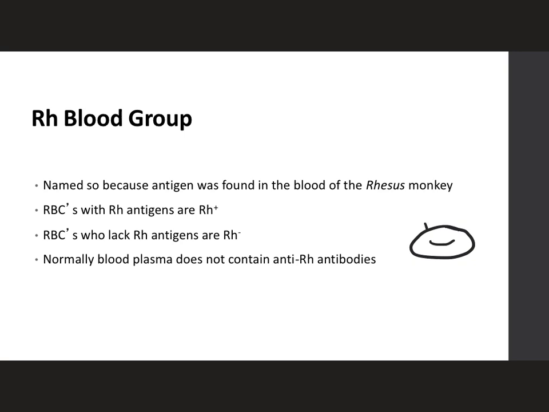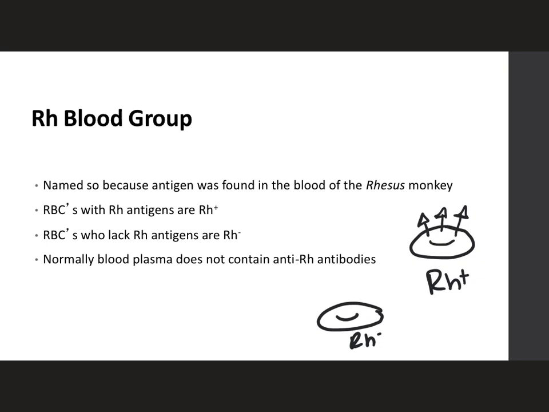Okay, so if it was there, let's give it a different shape. If that Rh antigen is there, then we can refer to those as Rh positive. If it is not there, then it's Rh negative. So this is there or not there, positive or negative.